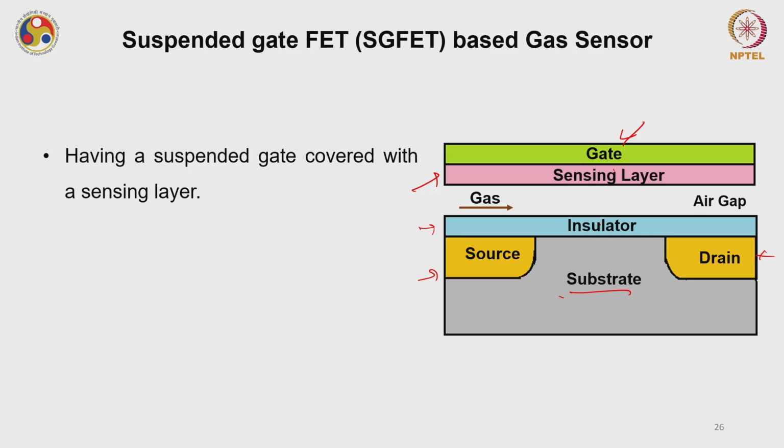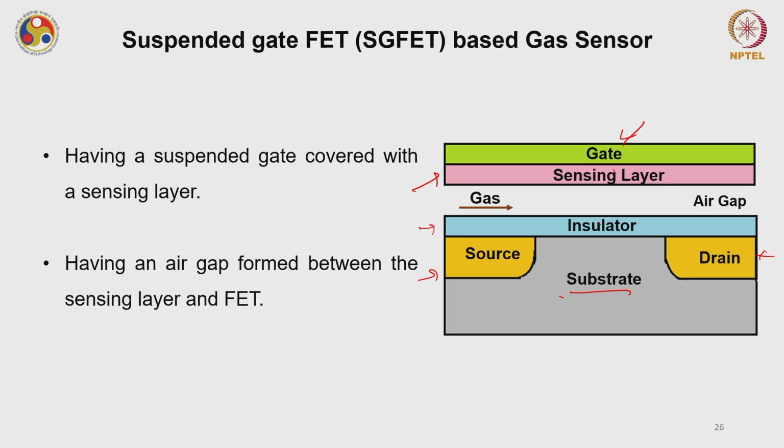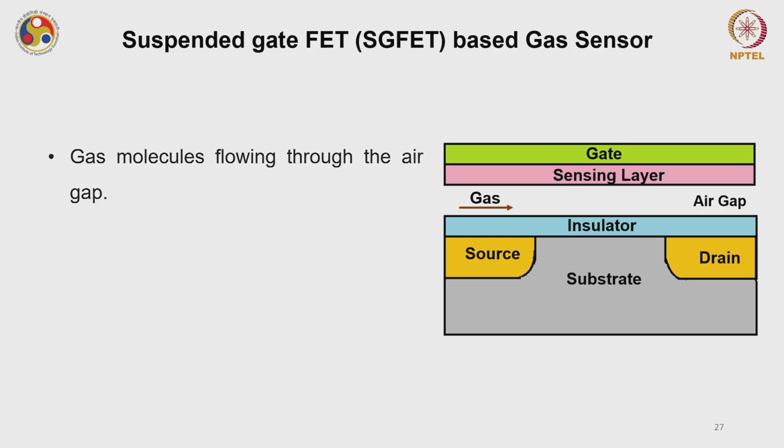Since it looks like the gate is suspended, its name comes from that: suspended gate, SGFET, suspended gate field effect transistor. If you see, there is an air gap formed between the sensing layer and the insulator in the field effect transistor. The gas molecules flow through this air gap. So the gas I want to sense is introduced in this layer, and it will have the ability to interact with the sensing layer.